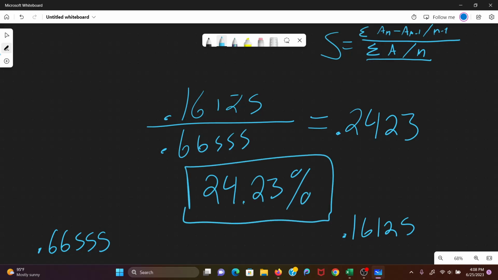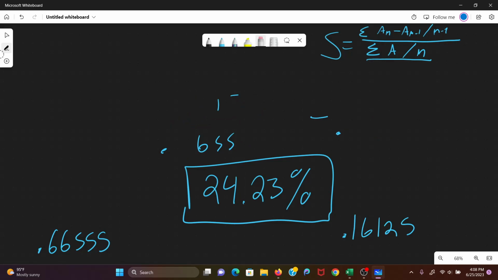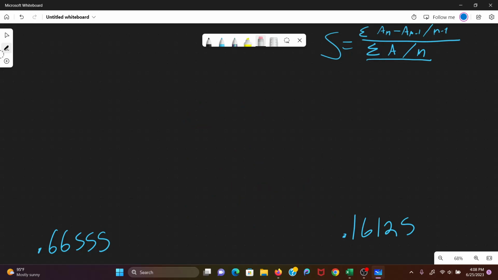Just like last time, rounding is going to have an effect here. Well, not a huge effect, but somewhere within possibly 23 to 25% is an answer that I would accept. Okay, now I'm going to move to the other image. Same questions 1 and 2, but the other image.